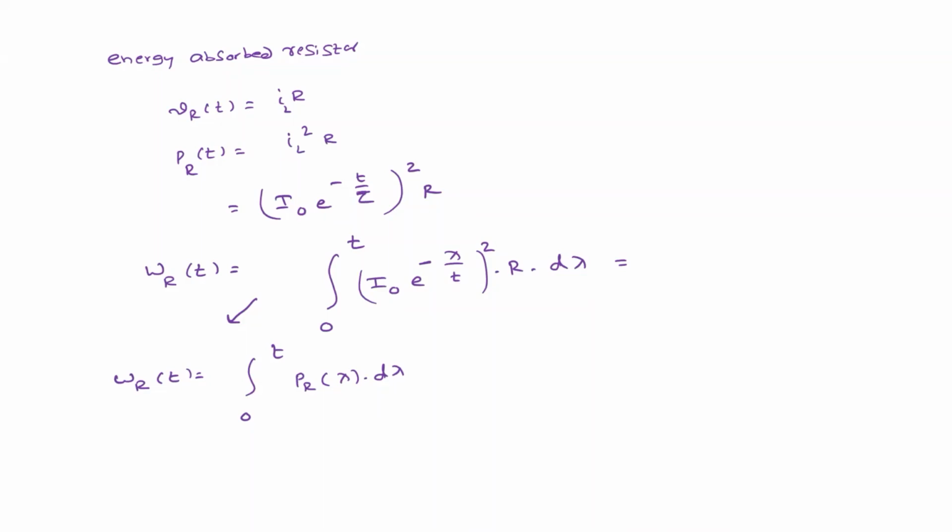I naught squared tau by 2R. It can be written as half L I naught squared tau into 1 minus e to the power of minus 2t by tau.